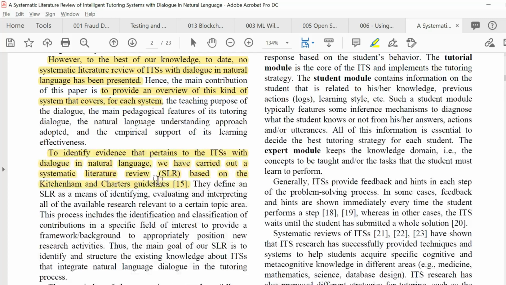Second is, it helps you to identify what they have done, and sometimes within their paper, they will also mention what needs to be done. And that could be a topic that you can choose for your systematic review paper, especially if that paper is recently published. So if it's published this year and they mention this as future work, then you could take that up as your research question.